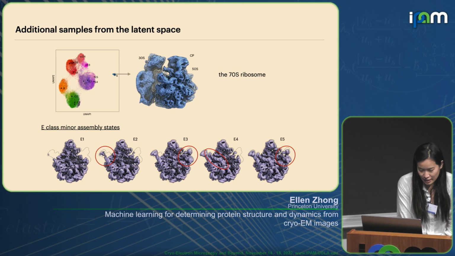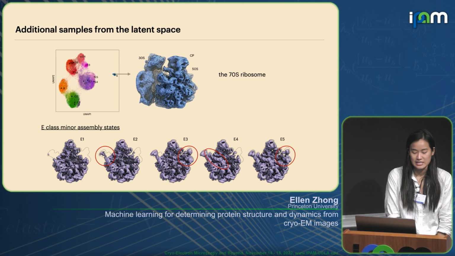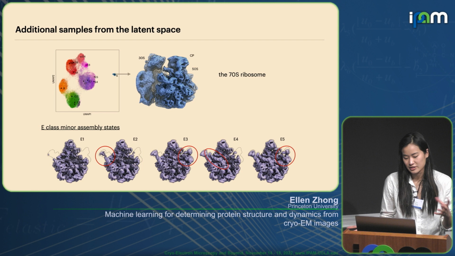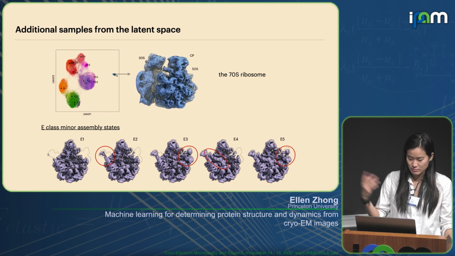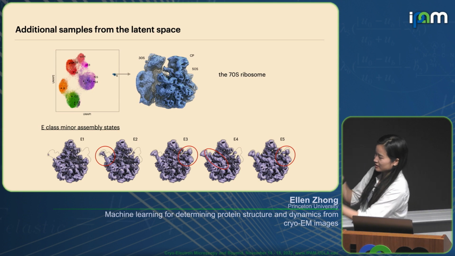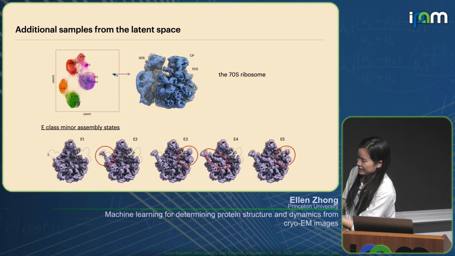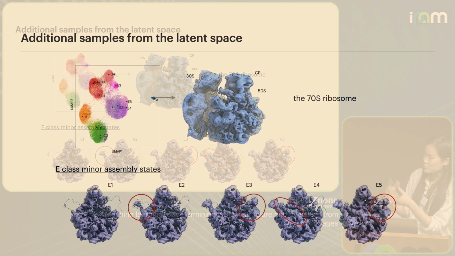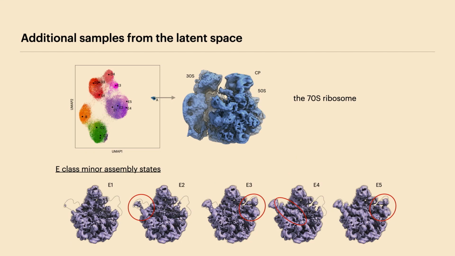I'm also showing a couple different samples from class E, or this purple cluster, at the centers of the minor assembly states. So E1 is least mature, E2, we have this helix on the left, or RNA stalk on the left. E3, we have the shoulder on the right. And E4, we've added, docked this helix in. E5 is the most mature form of the class E large ribosomal subunit.